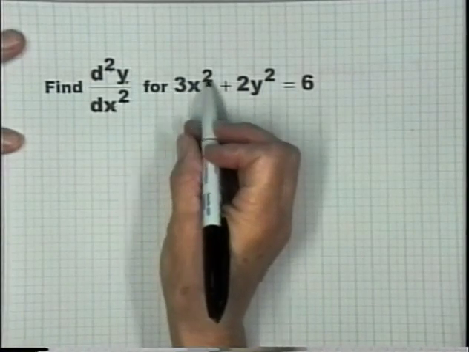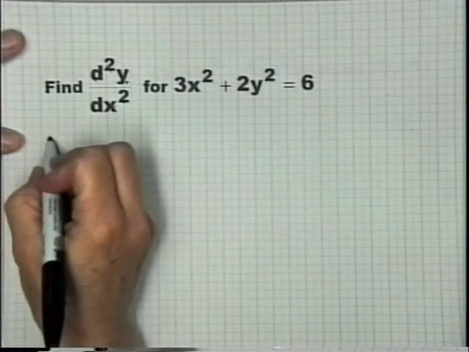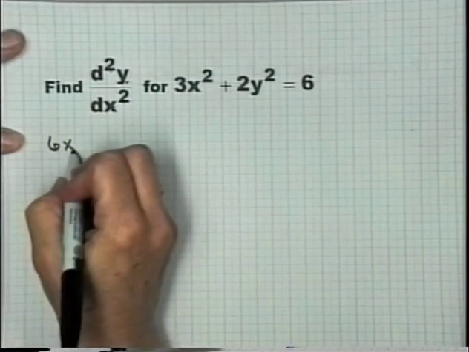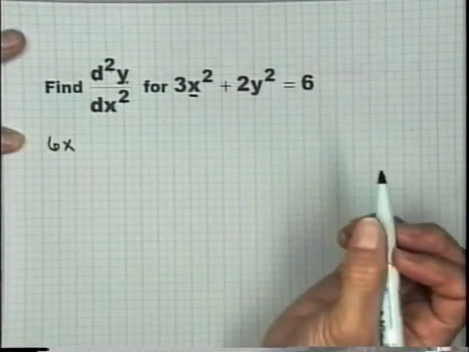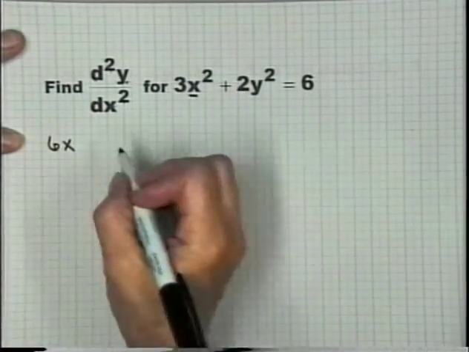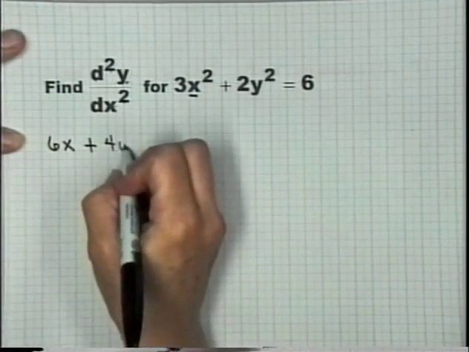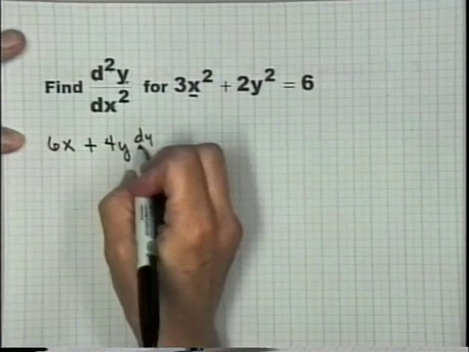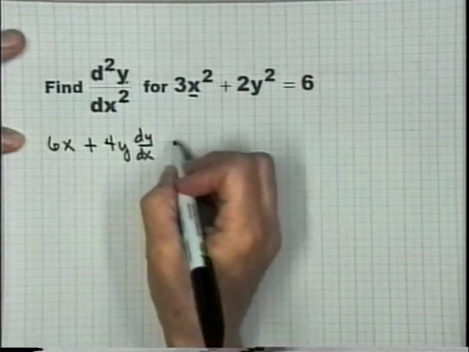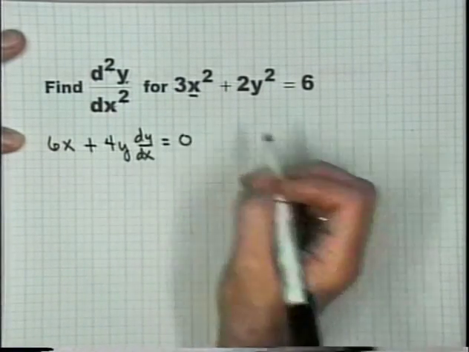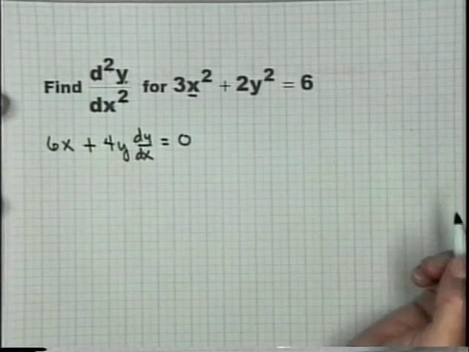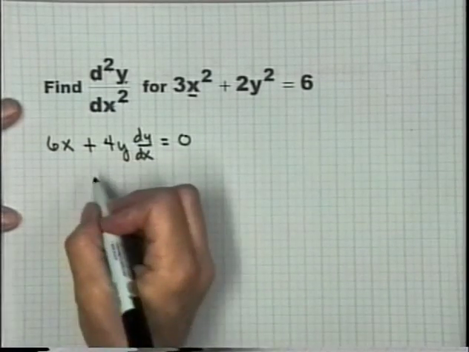Okay, starting here, the derivative of 3x squared, we'll use the power form, 6x to the first power. The derivative of x with respect to x is 1, plus, power rule here, 4y to the first power, and then the derivative of y with respect to x, equals the derivative of 6 is 0, since that's a constant. Now we're going to solve for dy dx.